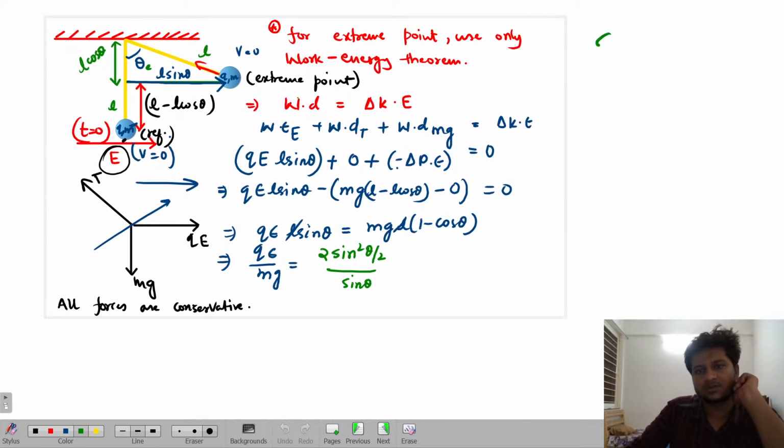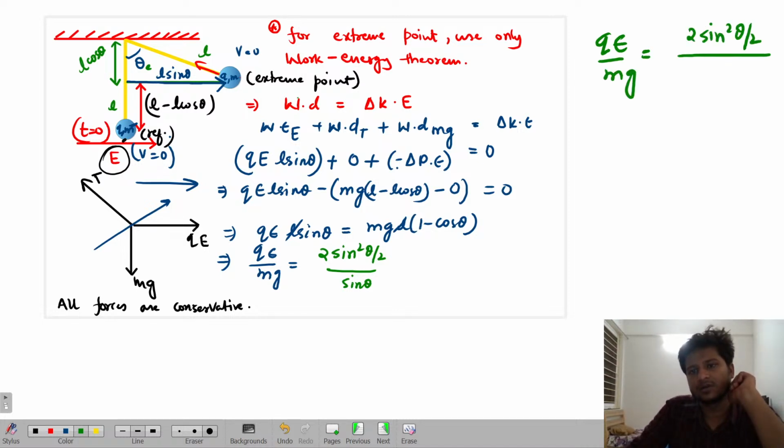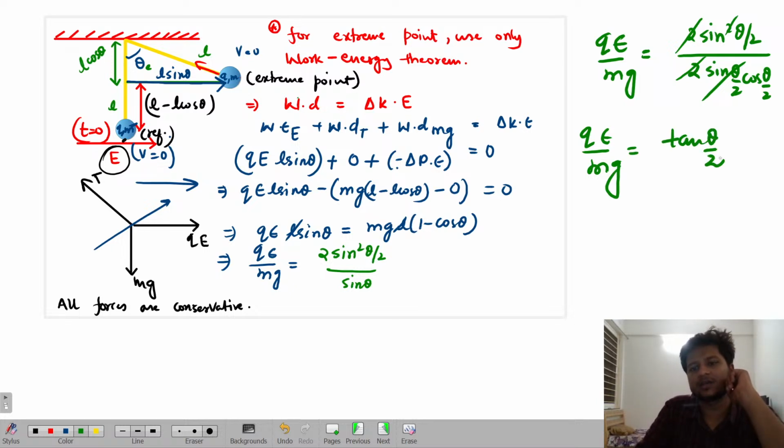It will come as qE by mg is equal to 2 sin square theta by 2 divided by sin theta को लिख सकते हैं 2 sin theta by 2 cos theta by 2, isn't it? तो sin theta by 2 sin theta by 2 कैंसिल हो गया, 2 2 कैंसिल, तो इक्वेशन आया qE by mg is equal to tan theta by 2.